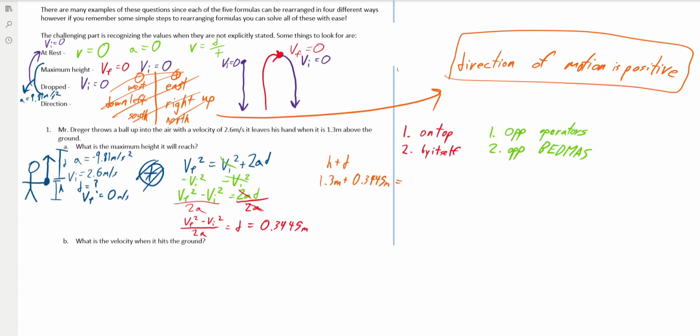And it is 2 sig digs, so it's 1.6. The reason is that this value here is actually 2 sig digs. So I could just fix that there, and now it will be correct. So that would be our final answer. What is the maximum height? 1.6 meters.